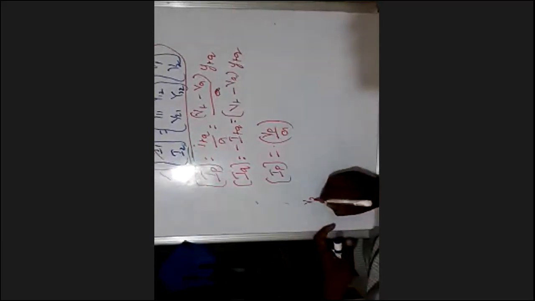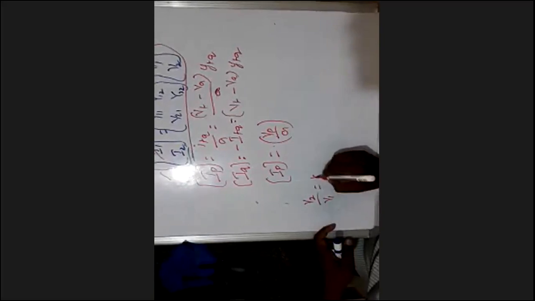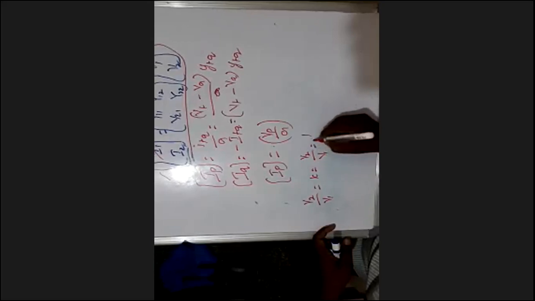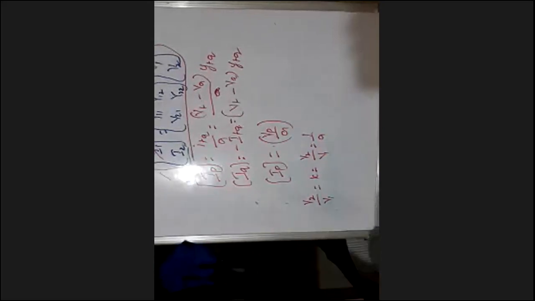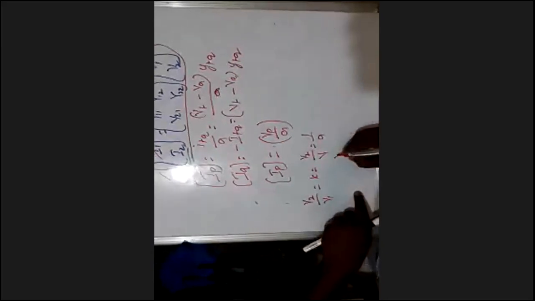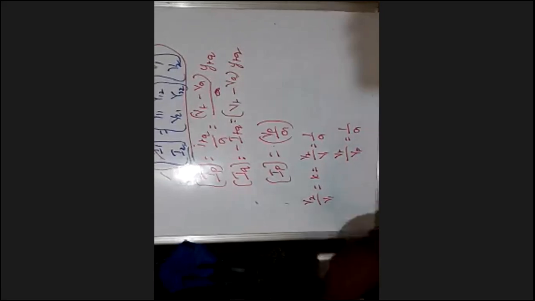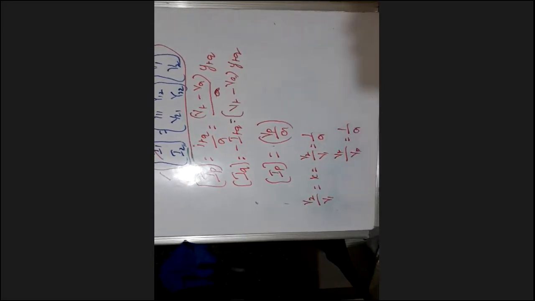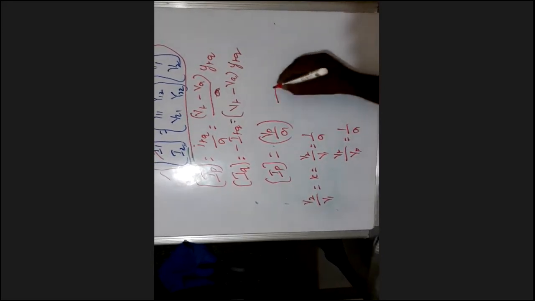Wait a second. V2 by V1 is equals to K, which is equals to 1 by A. అవునా? Yes, sir. Now secondary voltage is VT, primary voltage is VP, which is nothing but 1 by A. From the transformer, secondary is VT కదా.